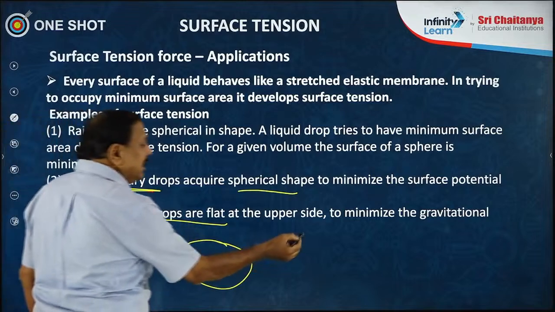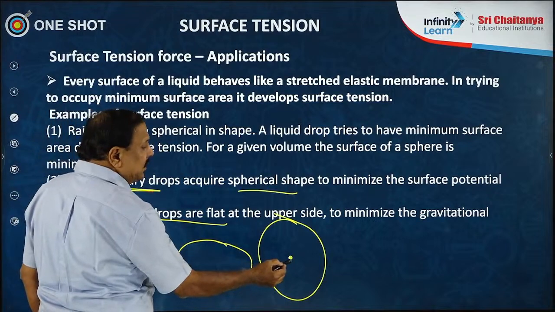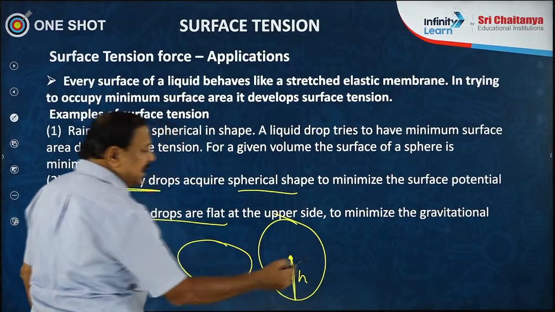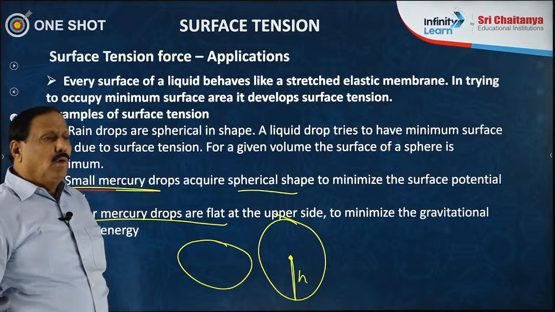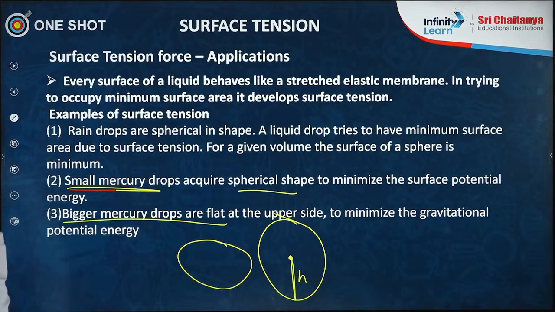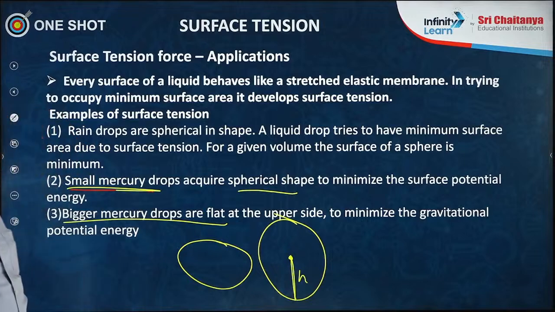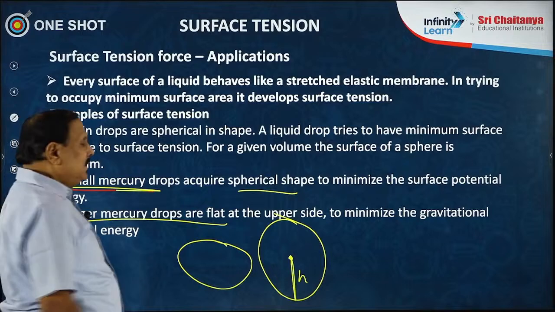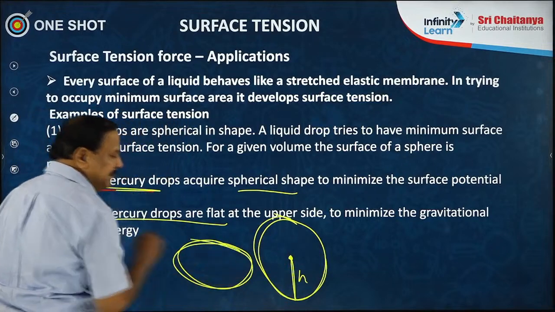If it were spherical, the center of mass of the liquid drop would be at a greater height from the ground, so its gravitational potential energy would be higher. To minimize that gravitational potential energy, the bigger mercury drops take this particular shape.